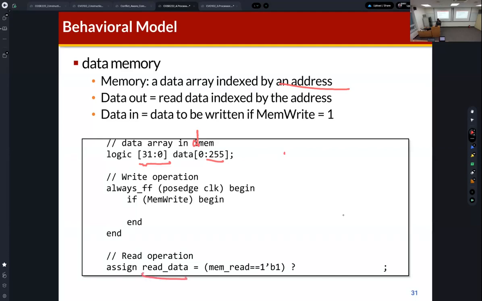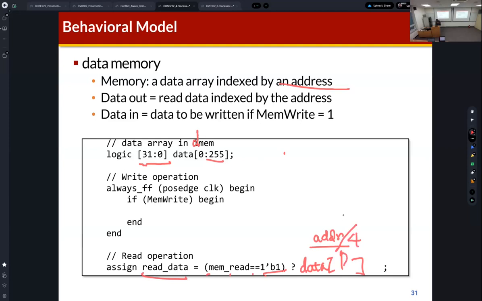So the data is read if mem read equals 1, with the data indexed by address. But the RISC-V address is a byte address, so the address needs to be divided by 4.